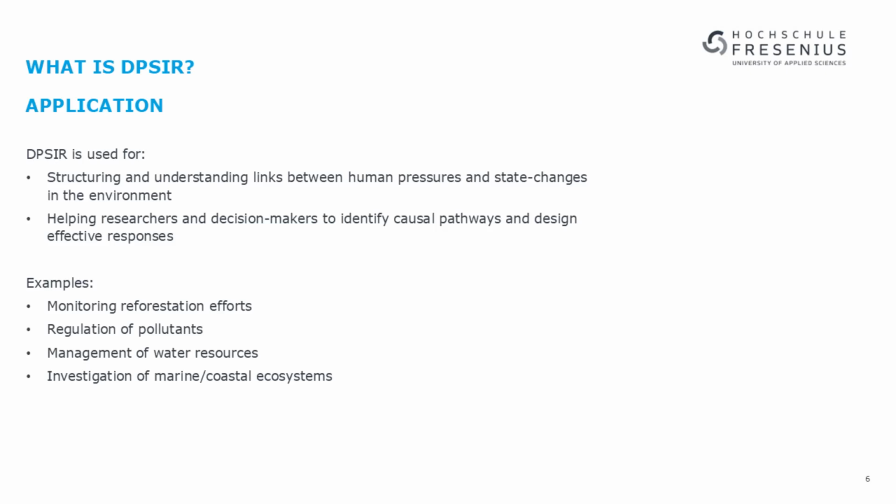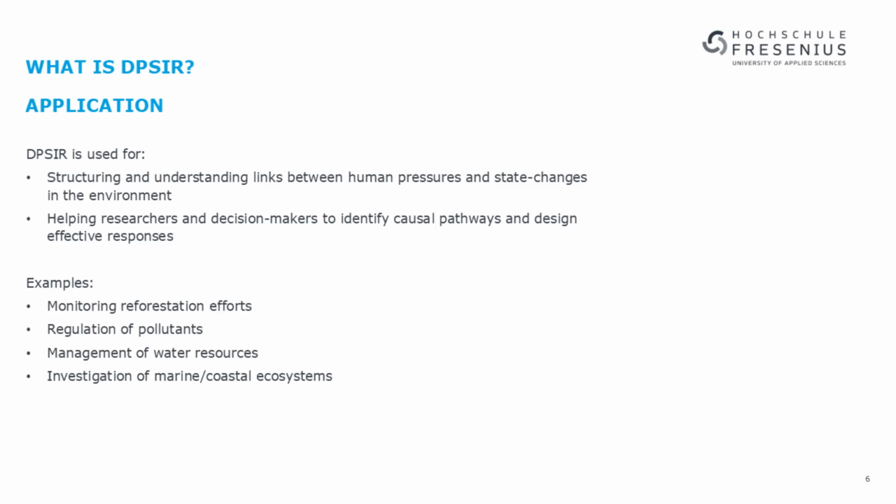So what is DPSIR used for? You can use it for structuring and understanding the links between human pressures and state changes in the environment. It is also helping researchers and decision makers to identify causal pathways and design effective responses. Basically, you can use DPSIR every time you want to assess the effect of humans on the environment or vice versa.